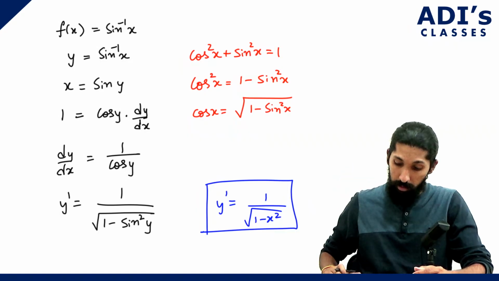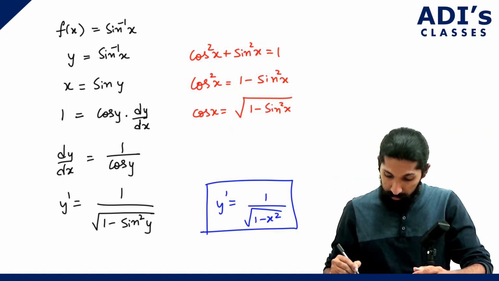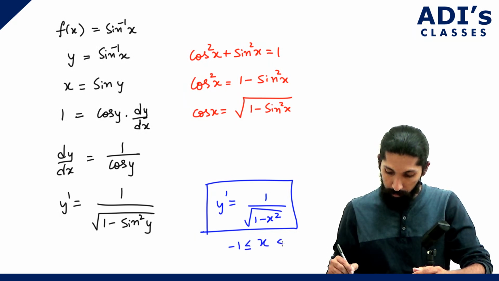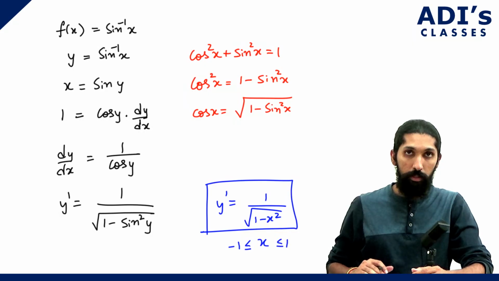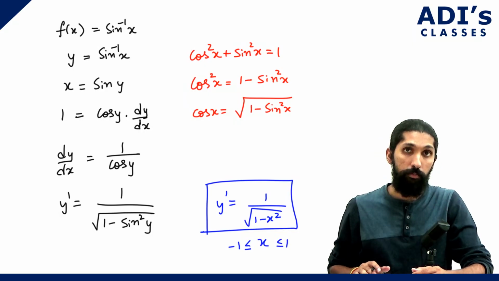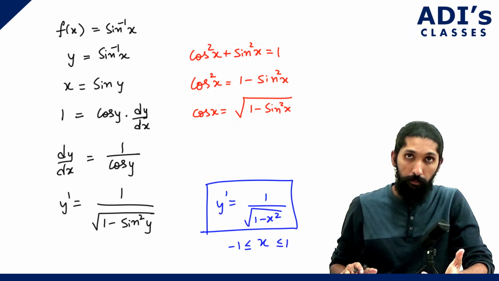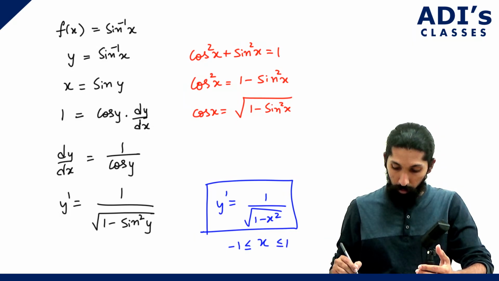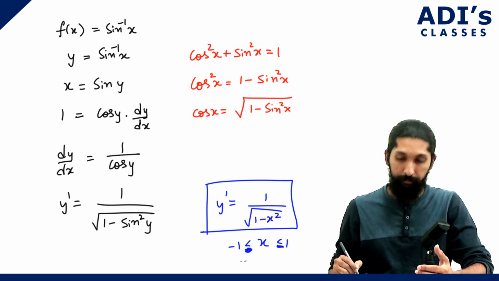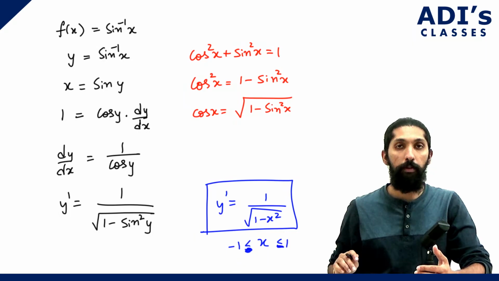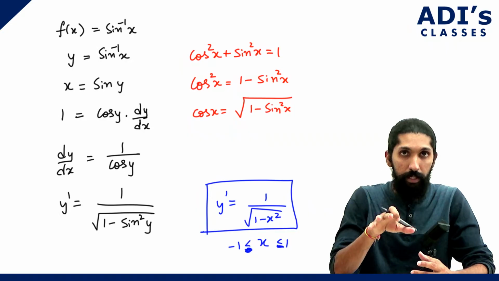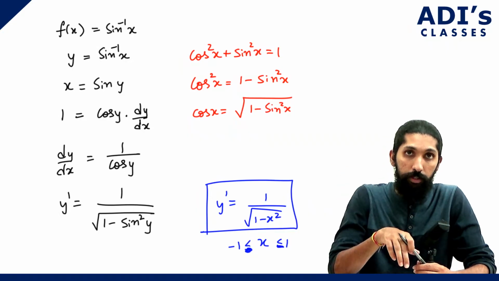In other words, what we write is x is a value which lies between -1 and +1. To be honest, it can't be equal to 1 also, because 1 minus 1 is going to give you 0, right? So we always say it is a strict inequality rather than a slack inequality. So even this will not come. It's always between -1 and 1. Understood? So this is basically for the sine inverse function.